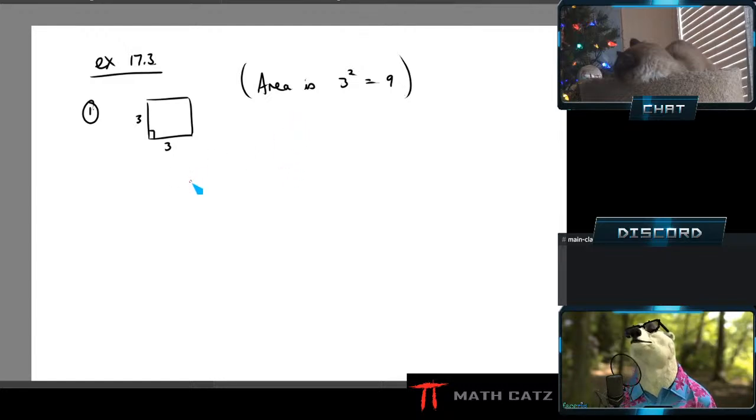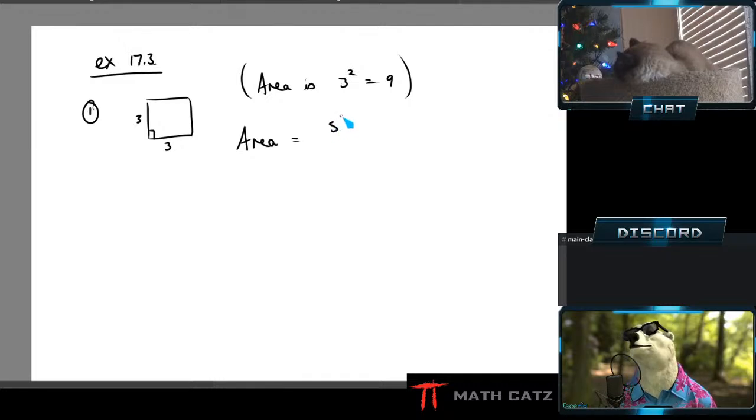Because it's a square, I can verify it with my specific formulas. But let's practice this more comprehensive area formula.